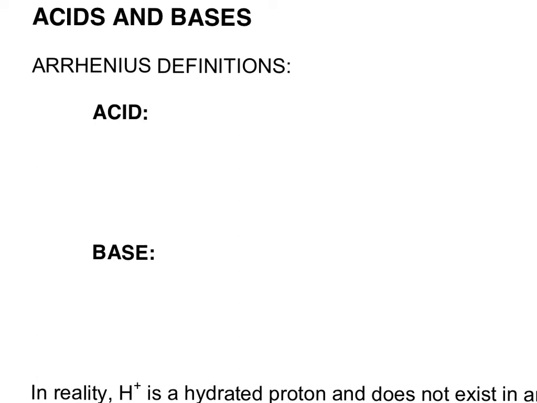This is Savante Arrhenius. He's the first to kind of study acids and bases. So the Arrhenius definition of an acid is that it's a substance that produces H plus ions in water.